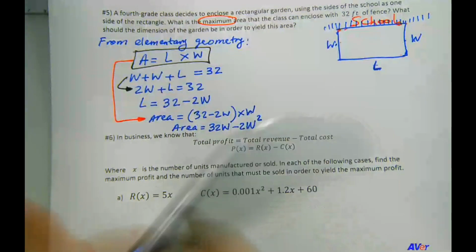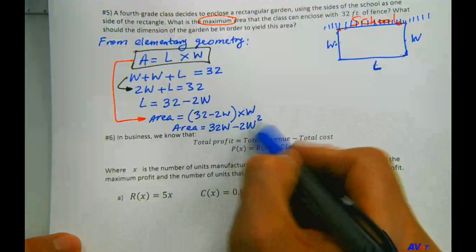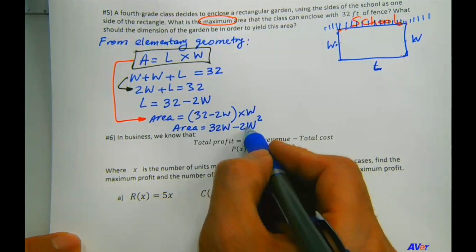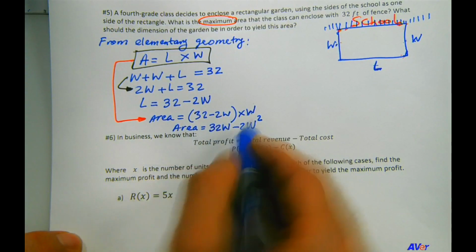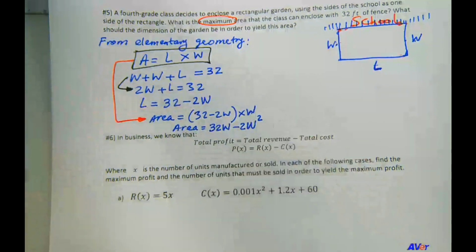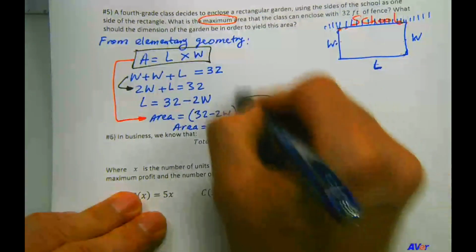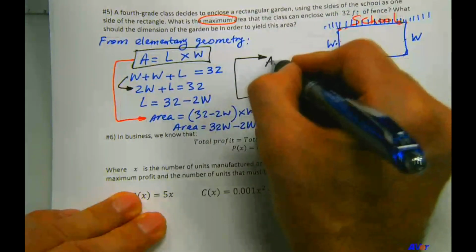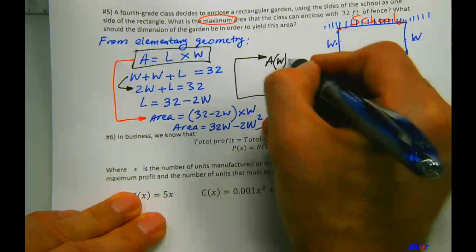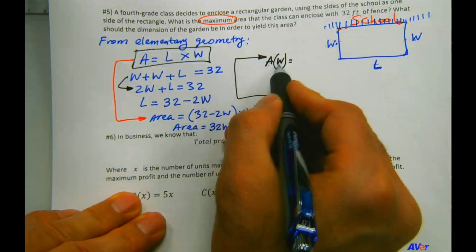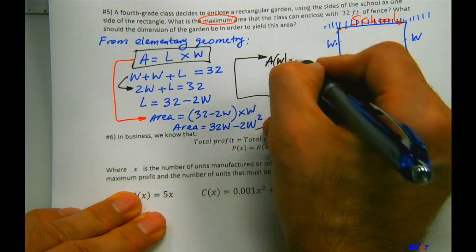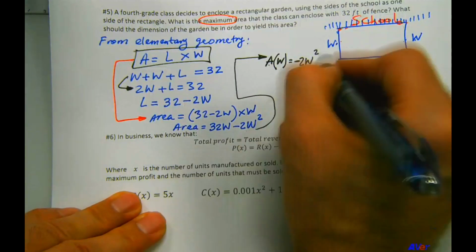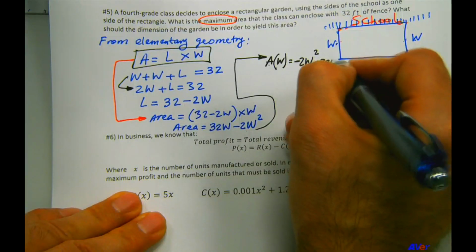So check this out, because this is a quadratic equation that we can write in terms of w. So let's do that. We have the function area in terms of w is equal to minus 2w squared plus 32w.